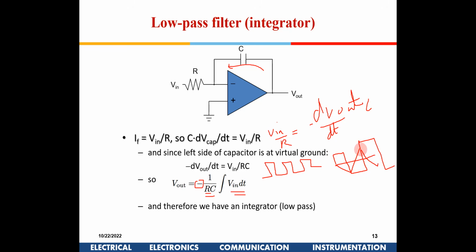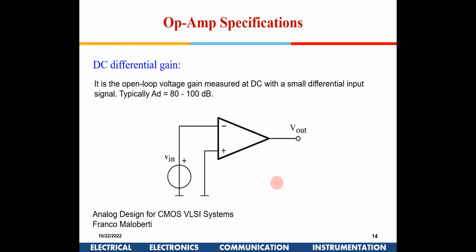If you keep R very small, then it might go very fast and get saturated, so you can get a trapezium kind of wave also. But if you keep R very large, then you can get a triangular waveform. So you can use these kinds of circuits to convert a square wave into a triangular wave. So that is there.